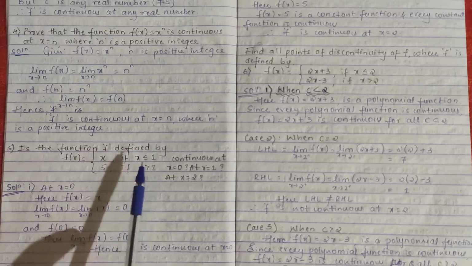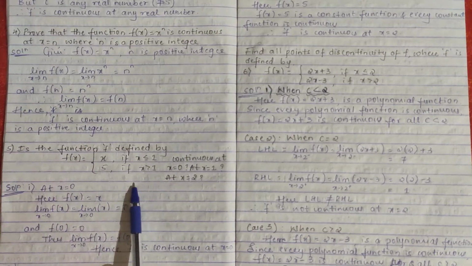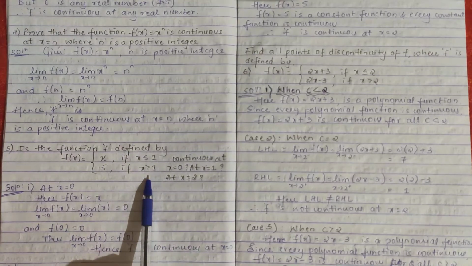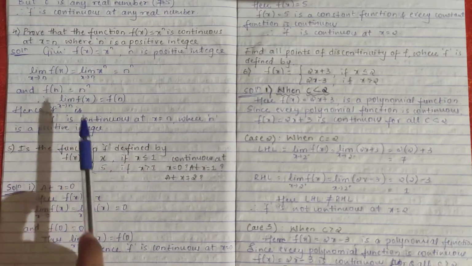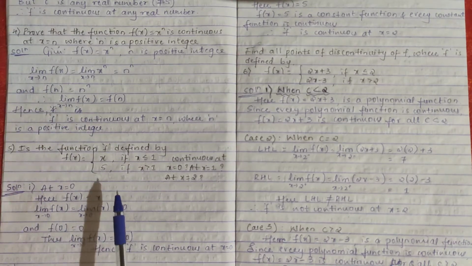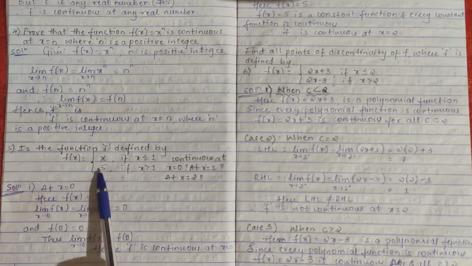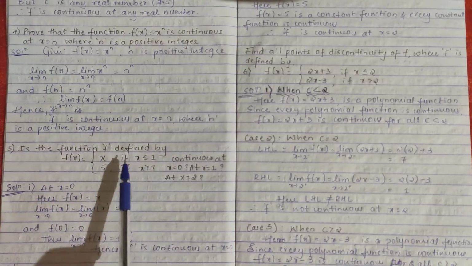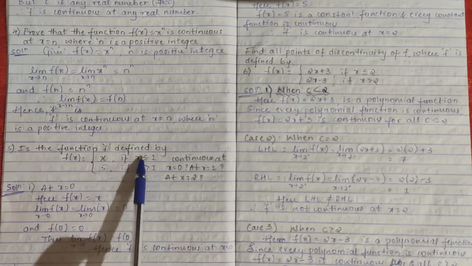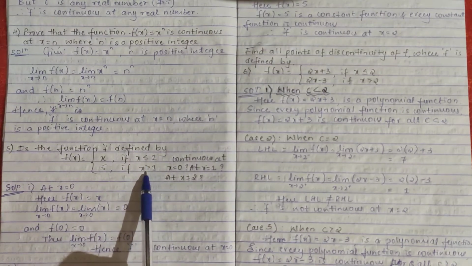Let me tell you, whenever there is a branched question with less than or greater than, apply the limit directly as we have done previously, and find the value at that point to check whether it is continuous or not. So in the branched function, whenever you have less than or greater than, just apply directly.